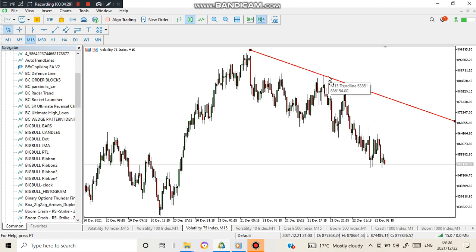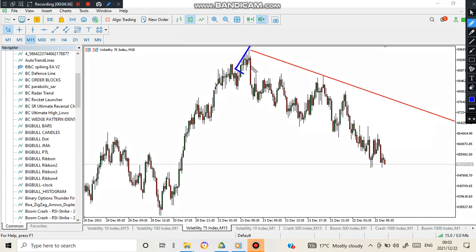You guys can see over here that this is our first touch, and over here is our second touch. And what are we looking for? We are looking for our third touch. As soon as we get a third touch on this trend line, we're going to enter with sells.